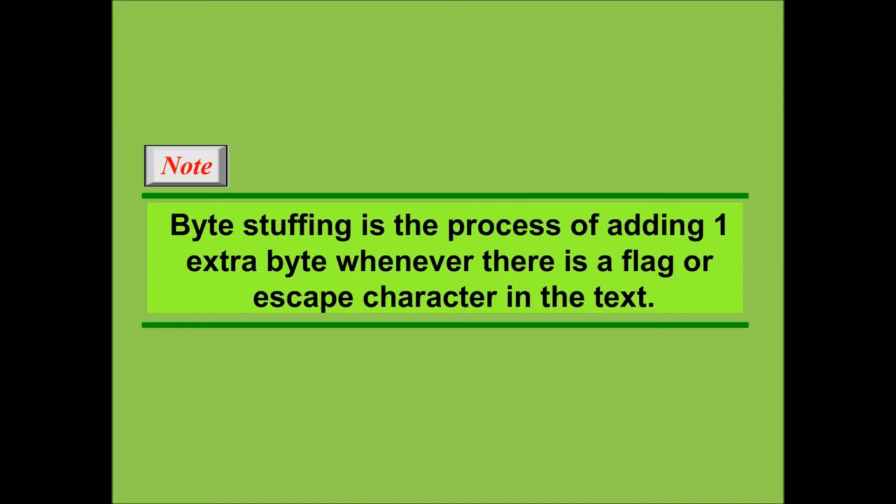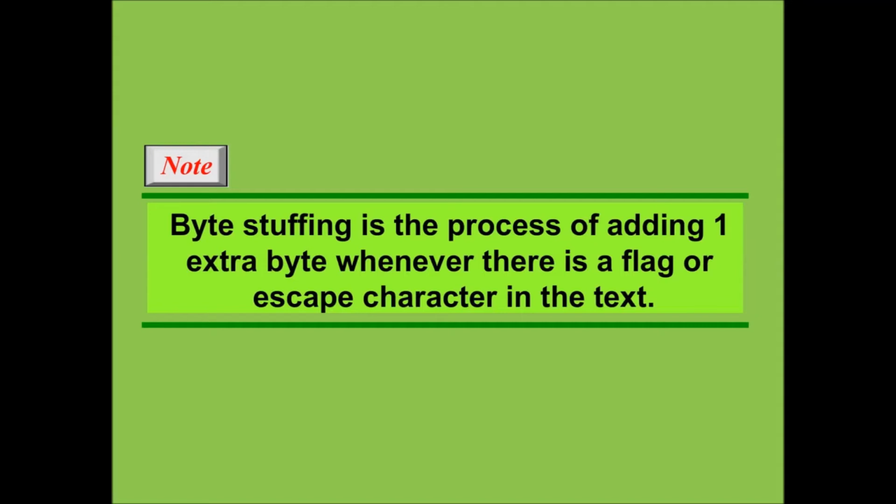Byte stuffing. Byte stuffing is the process of adding one extra byte whenever there is a flag or escape character in the data. So dear students, when the frame is being transmitted from source to destination, it contains some fixed size length.